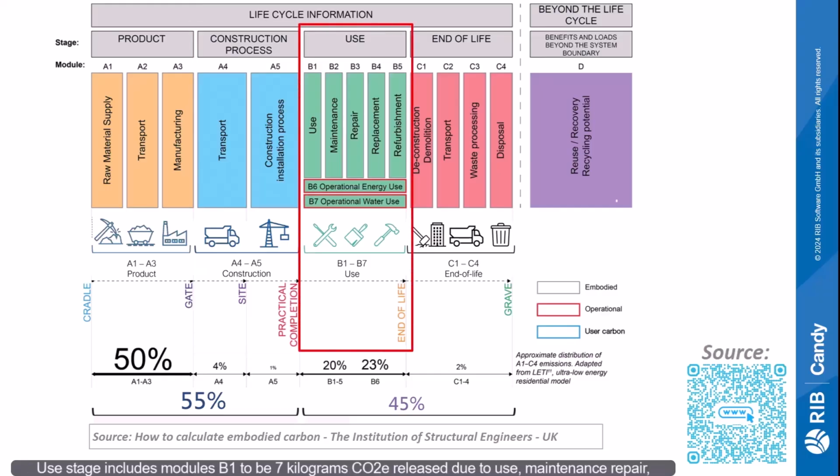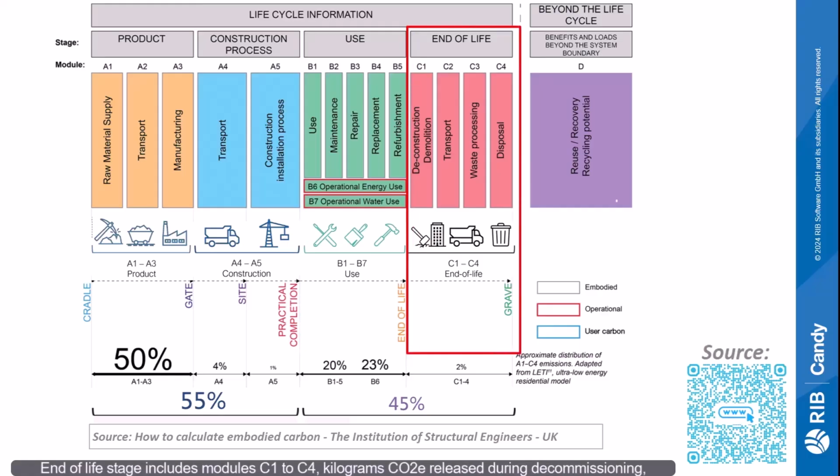Use stage includes modules B1 to B7, kilogram CO2e released due to use, maintenance, repair, replacement, refurbishment, and operational energy and water while the building is in use. End-of-life stage includes modules C1 to C4, kilogram CO2e released during decommissioning, stripping out, demolition, deconstruction, transportation of materials away from the site, waste processing, and disposal of materials.